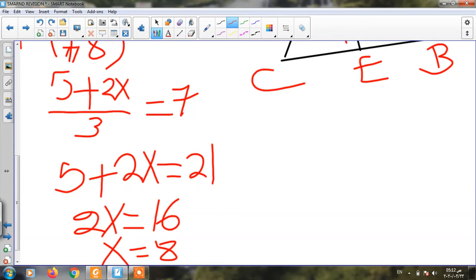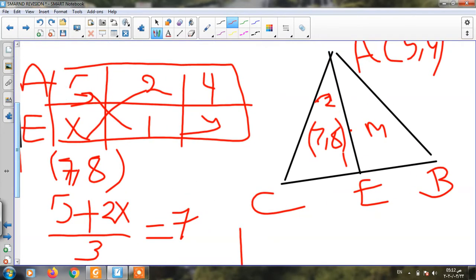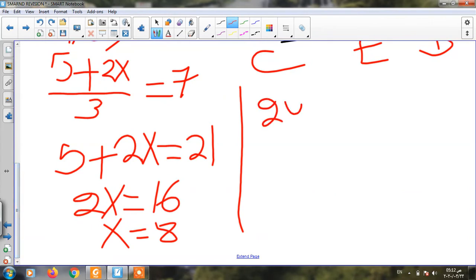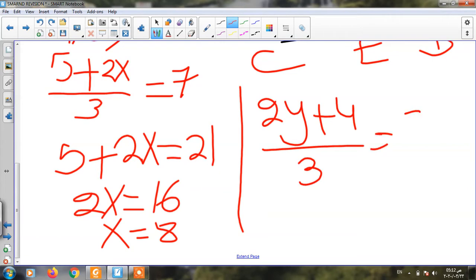Next, to find Y, look at your table. It's 2 times Y plus 4 times 1, which is 4, over the sum, which is 3. This will give 8, because for the point M, the Y coordinate equals 8.